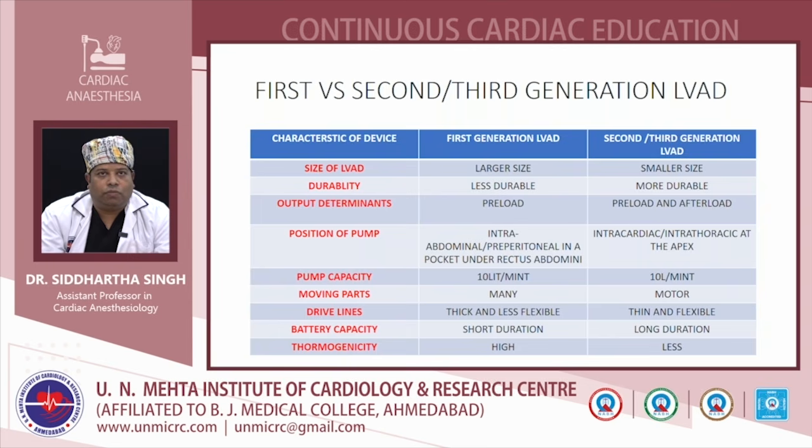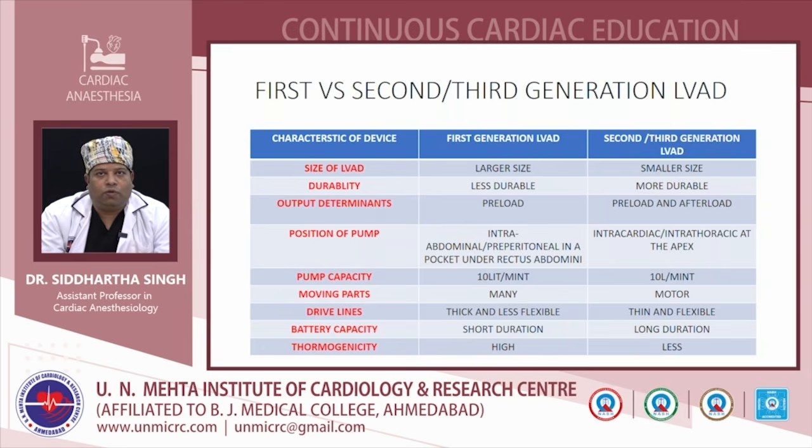The pump position in the first generation is intra-abdominal or pre-peritoneal, in a pocket under the rectus abdominis, but in the second and third generations it is intracardiac or intrathoracic. Pump capacity is generally the same, 10 liters per minute.